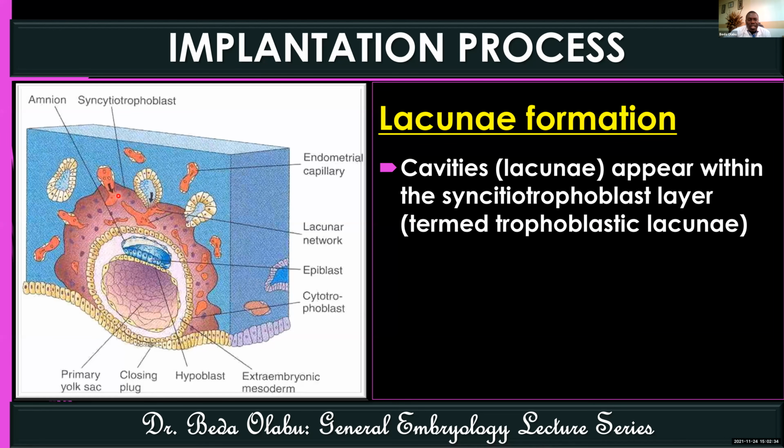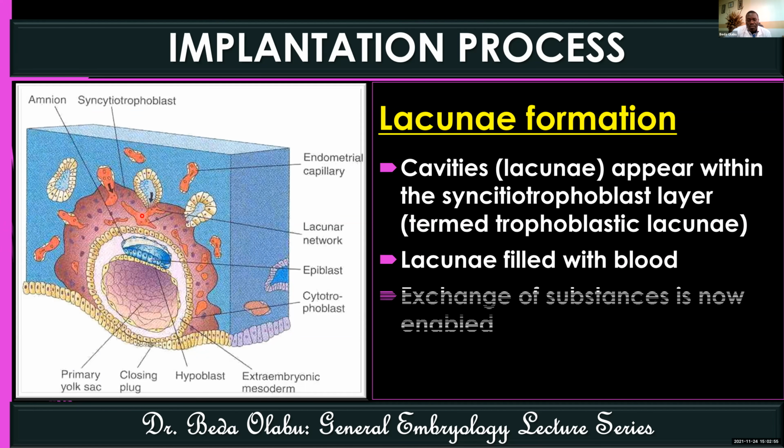These trophoblastic lacunae communicate with similar vascular channels within the endometrium, which we call maternal sinusoids. So we have maternal sinusoids and we have trophoblastic lacunae. These communicate. They contain blood, and so they're a form of communication, which means a form of exchange of substances.